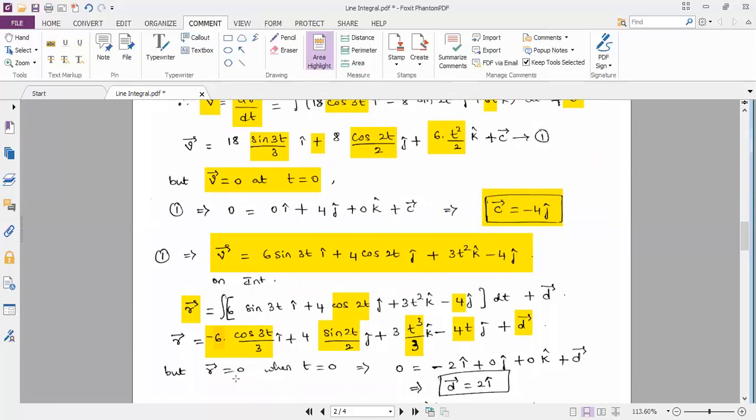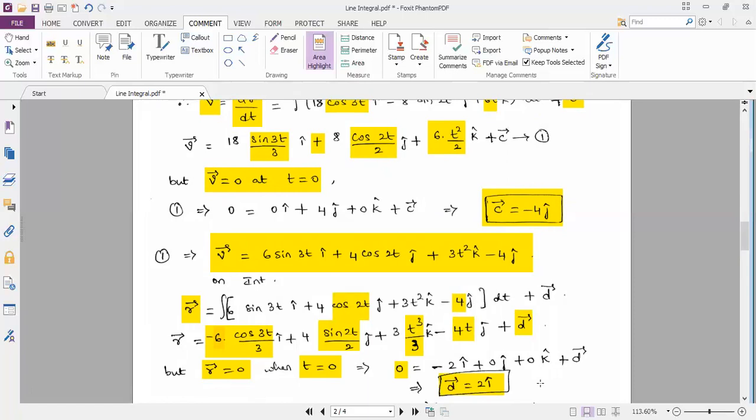Now the second condition given is vector r is equal to 0 when t is equal to 0. So I'm imposing this condition in the previous expression. R is equal to 0, so the left hand side is 0. T is equal to 0, so recalling the property, sine 0 is 0, cos 0 is 1. We simplify and we obtain the expression for d as 2i.